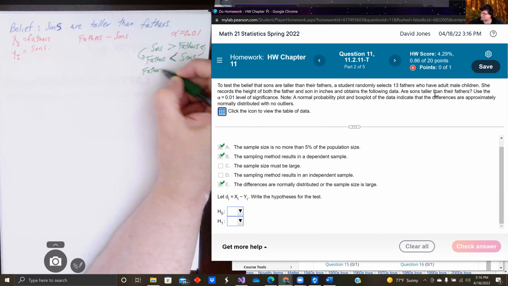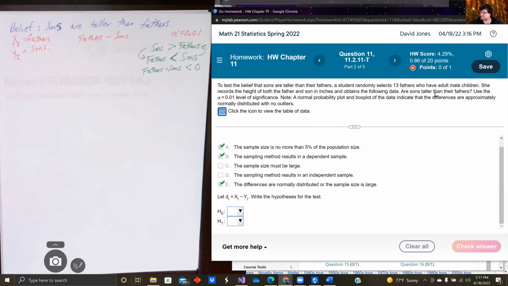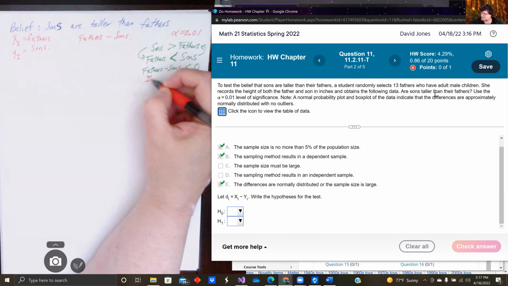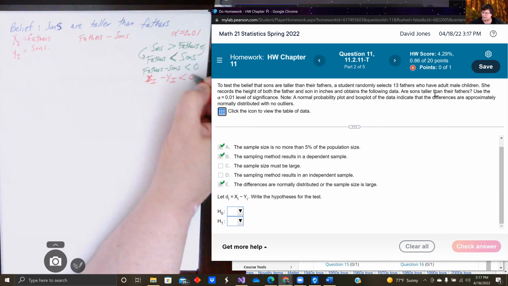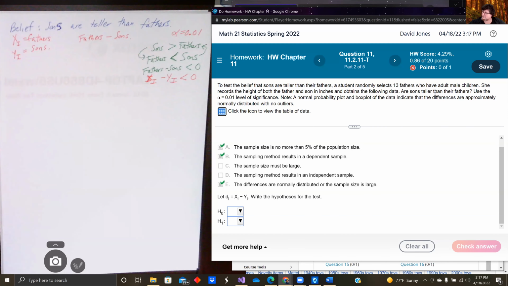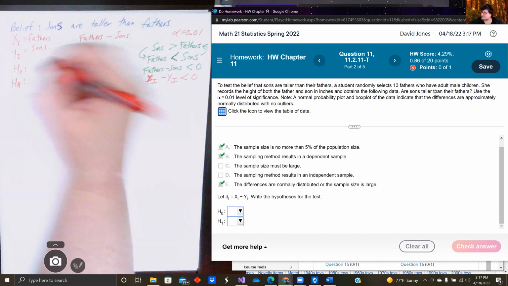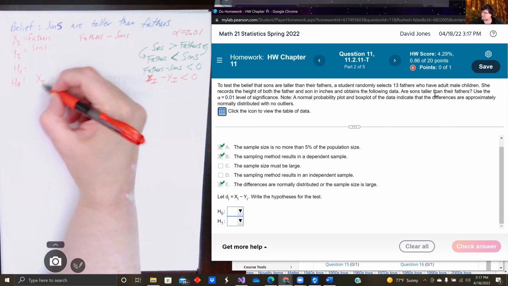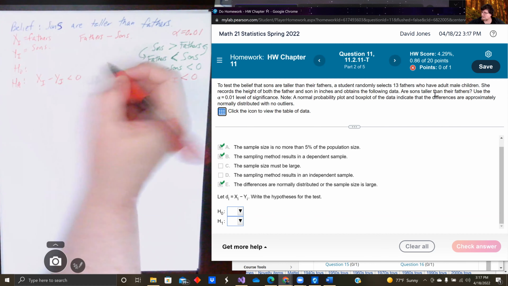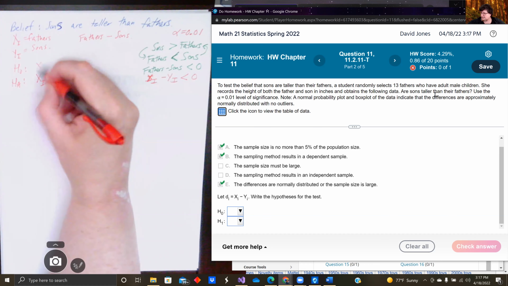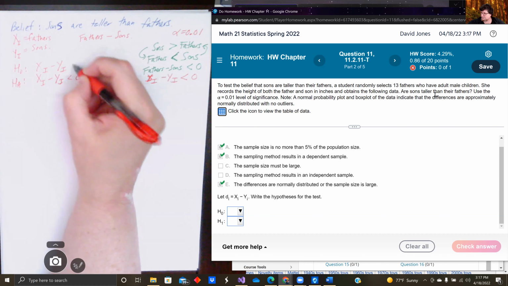When I subtract the right over to the left, I have fathers minus sons is less than 0. Fathers is X sub i, sons is Y sub i. So X sub i minus Y sub i is less than 0. That's my H A, which means my H naught is X sub i minus Y sub i equals 0.